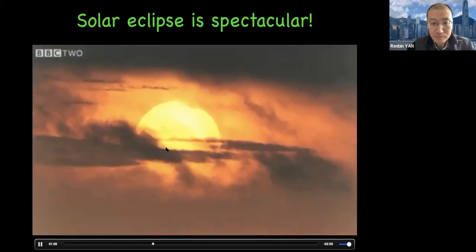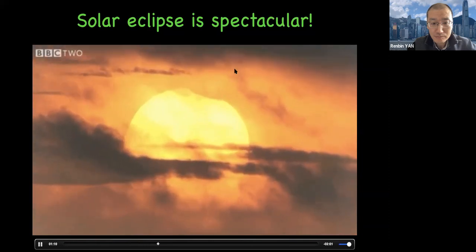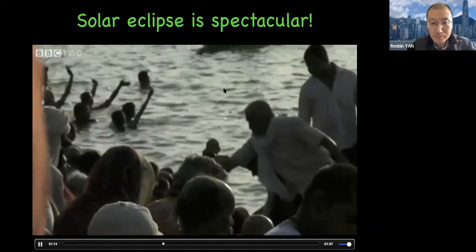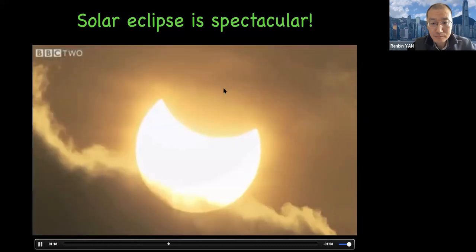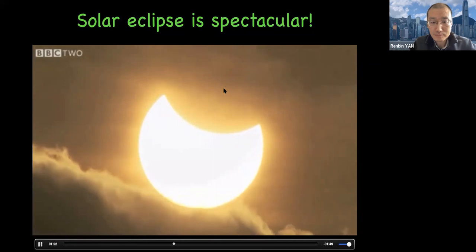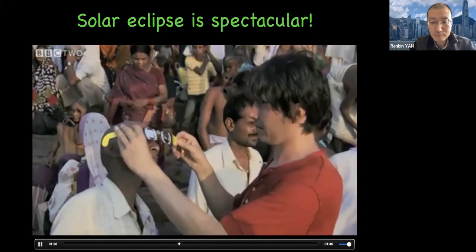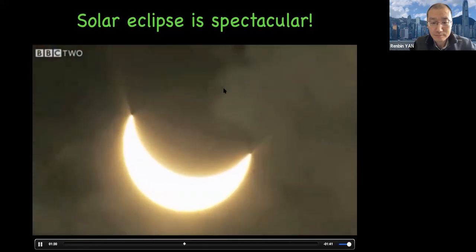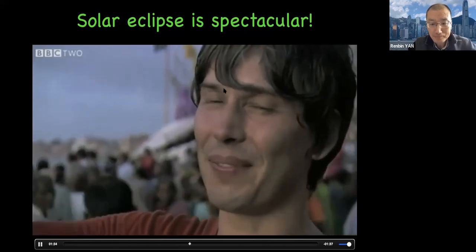Can you see the moon on the top? Oh yeah. It's just vanished. You can see the limb of the moon there. Absolutely fantastic. You can see the celestial mechanics, the clockwork of the solar system at work.